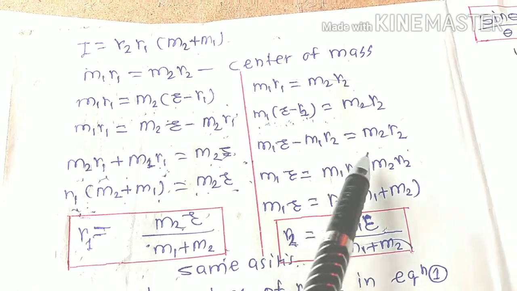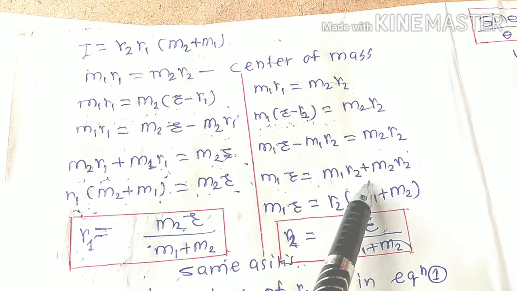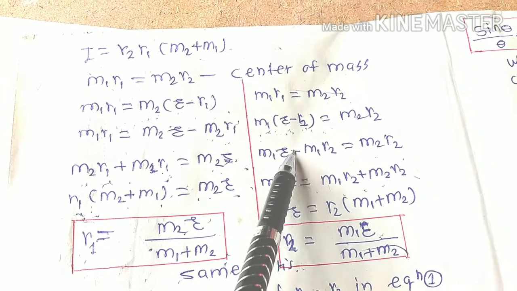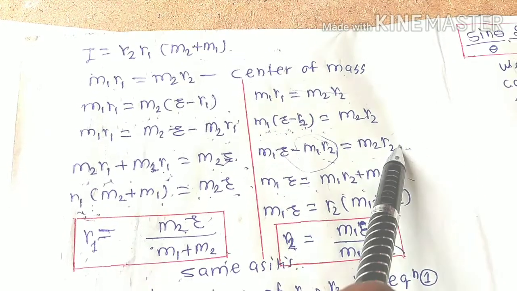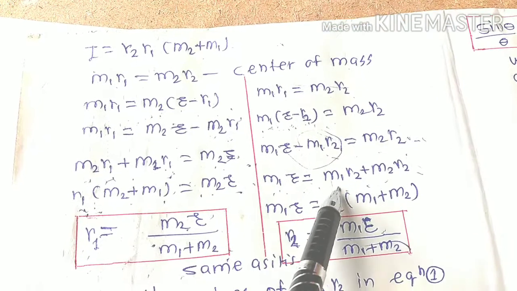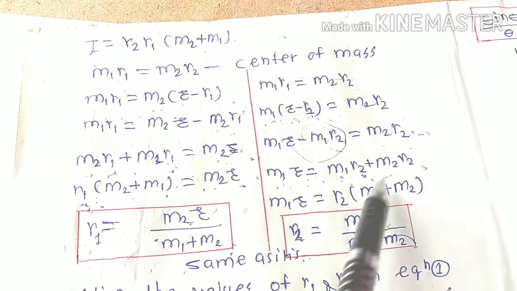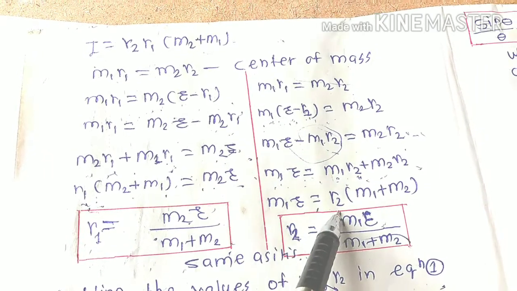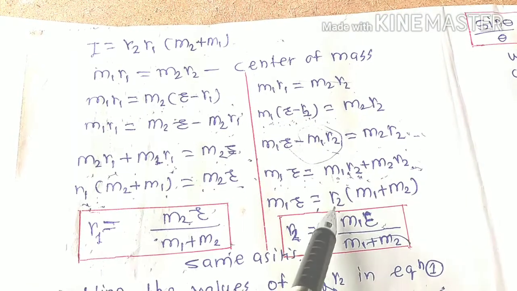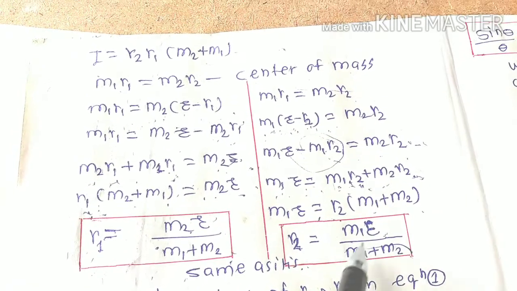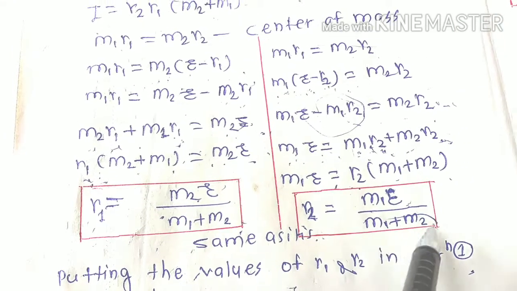Here we have m1 r equals m1 r2 plus m2 r2. We put this term on the right-hand side. So m1 r equals r2 into m1 plus m2, as r2 is common. So we get the value of r2 equals m1 r by m1 plus m2.